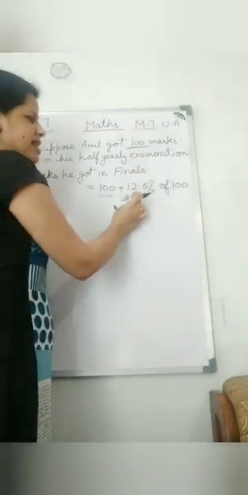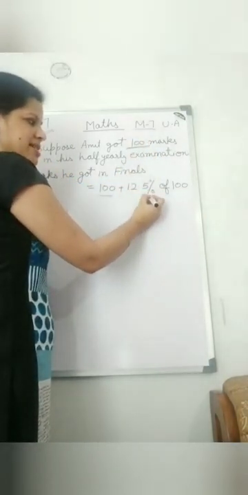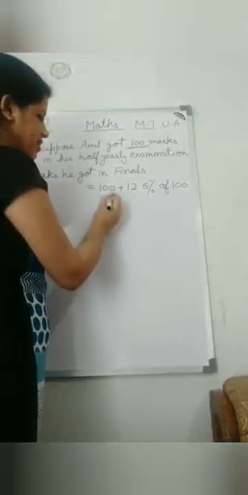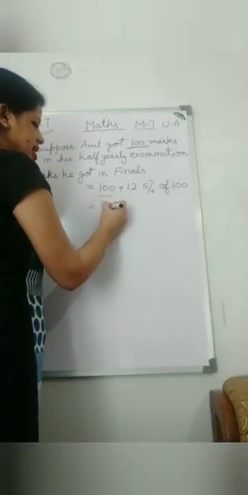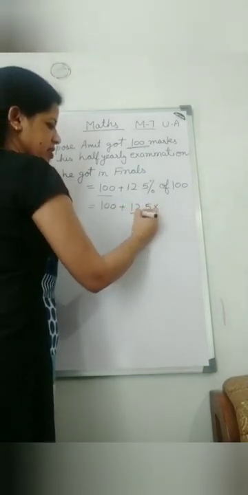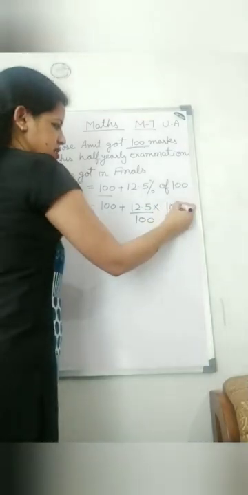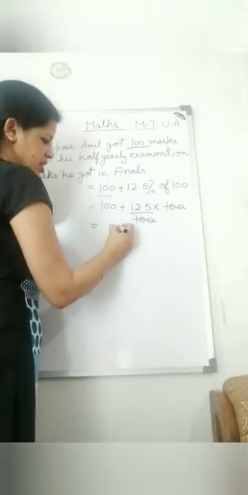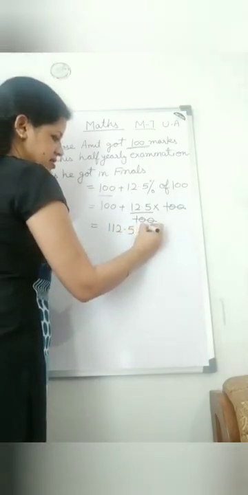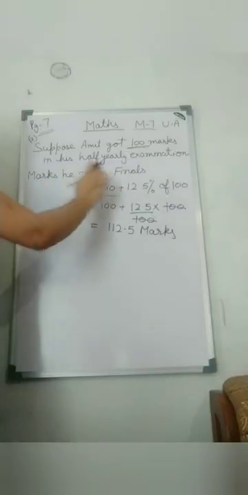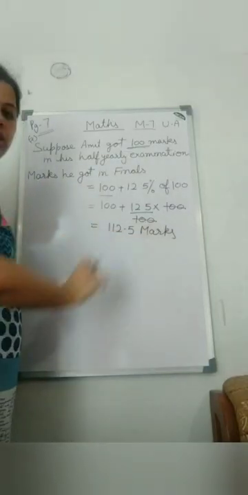So in finals it is 12.5% of 100 plus 100. Now we solve this one. It can be reduced and the answer is 112.5 marks. So we find out the marks he got in finals is equal to 112.5.